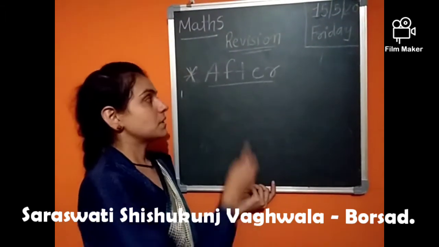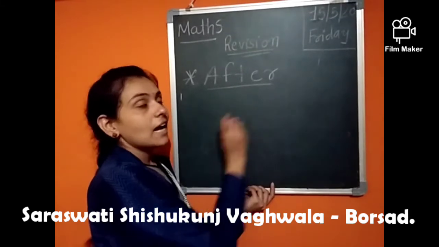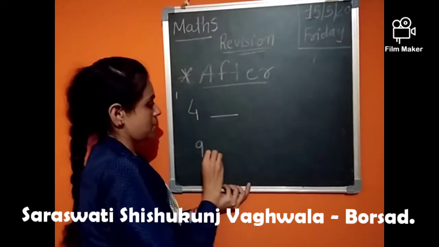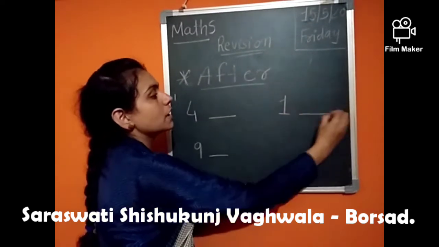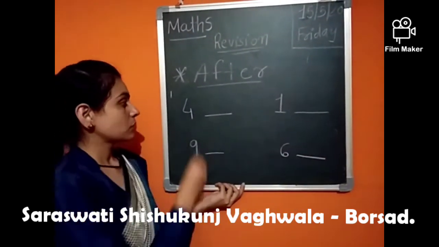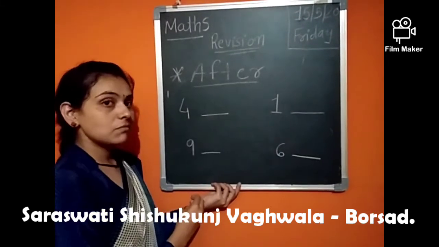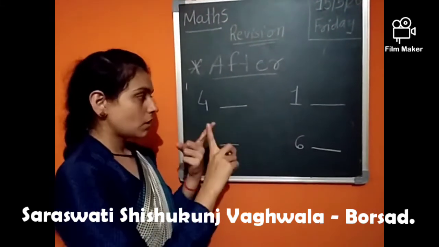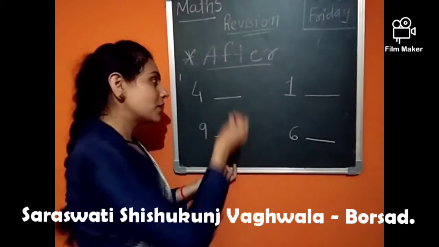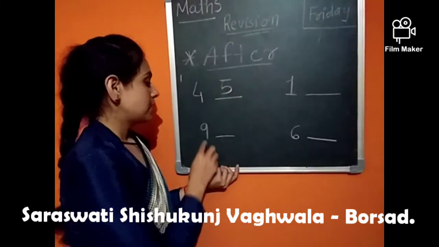Now after numbers. A-F-T-E-R, after. Now suppose I write 4 after, 9 after, 1 after, 6 after. Okay? So after 4 what comes? You have to speak the numbers 1, 2, 3, 4. After 4, 5. Easy, right? And 9.